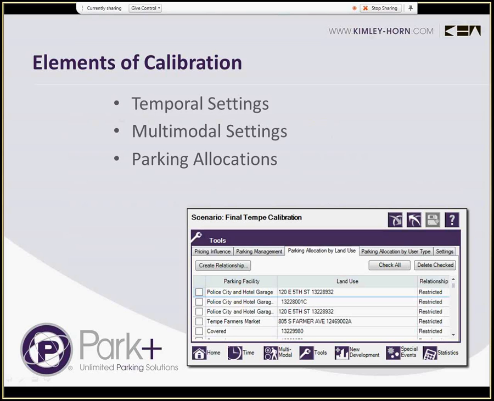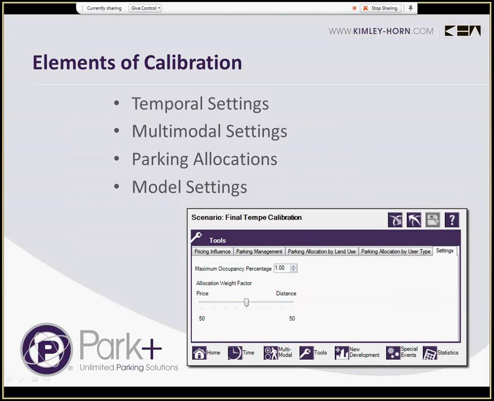If you'll remember, there's parking allocation by land use, which is that one-to-one private land use, private parking relationship. And then there's parking allocation by user type, which is that user group system-wide allocation that looks at student parking or employee parking or resident parking and allows people to pick and choose within their pool.